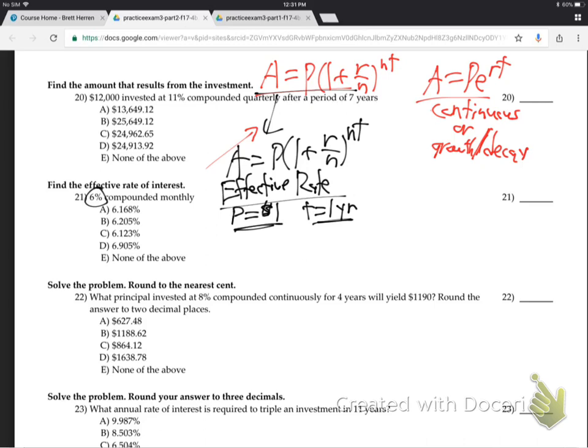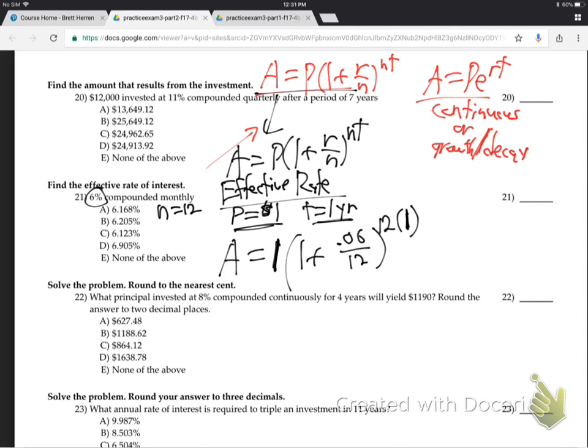So I'm going to use this. So the amount is going to be P, $1. R is 6. Compounded monthly. That's N is 12. 1 year. There we go. So I put in $1 for P, 1 year, 6% compounded monthly.